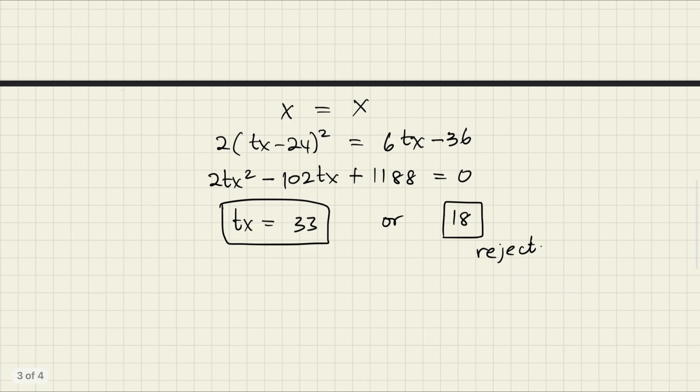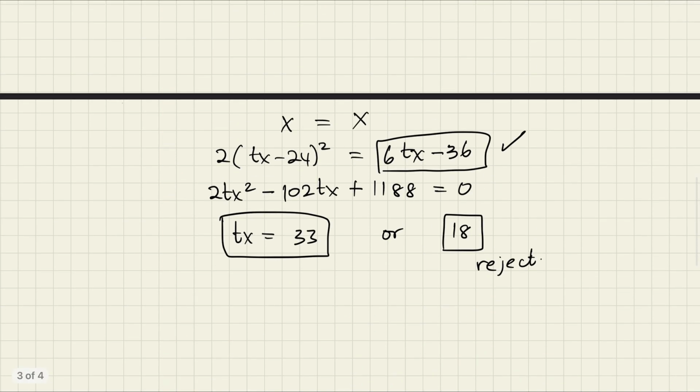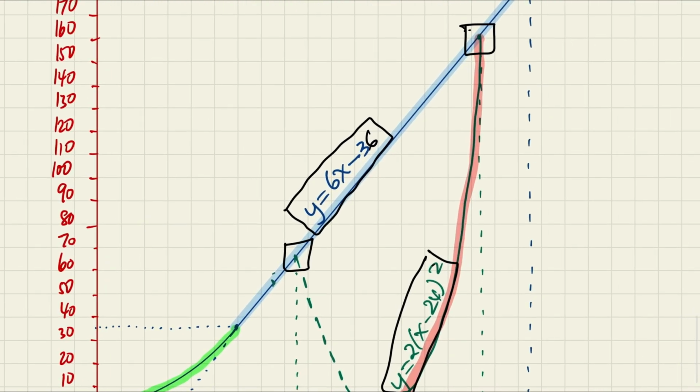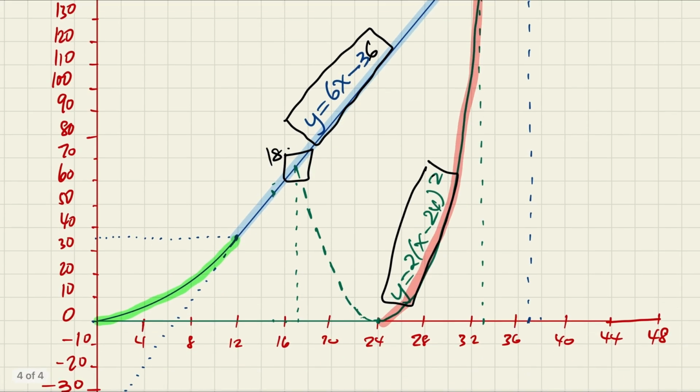And there it is here, 6x minus 36. And this parabola has an equation of 2 into x minus 24 all squared. And there we go, here, 2 into x minus 24 all squared. And as you can see again, we have 2 points of intersection, one at 33 and one at 18. But the car hadn't been moving at 18 seconds, so we rejected this value.